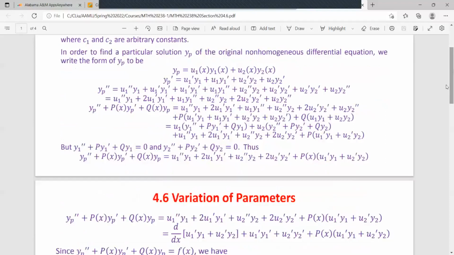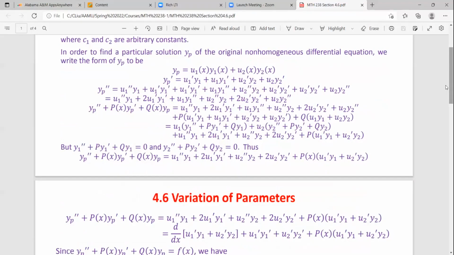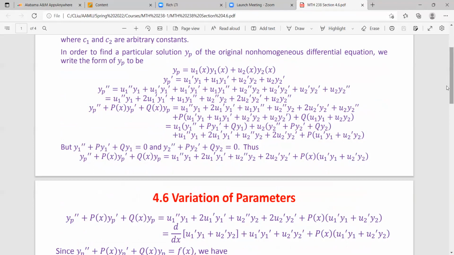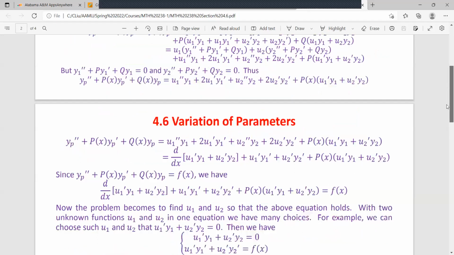So then the left-hand side of the equation just becomes u1 double prime y1 plus 2u1 prime y1 prime plus u2 double prime y2 plus 2u2 prime y2 prime plus p times (u1 prime y1 plus u2 prime y2). Okay, still we got a bunch of terms, but it's much more simplified. All right. So that's the left-hand side of the differential equation.